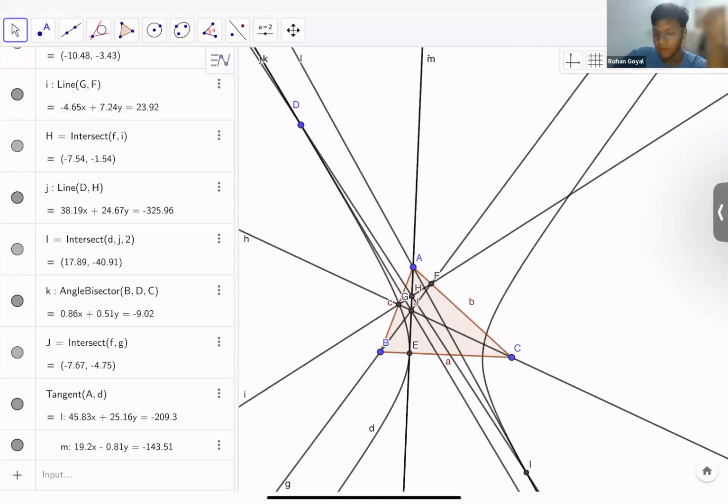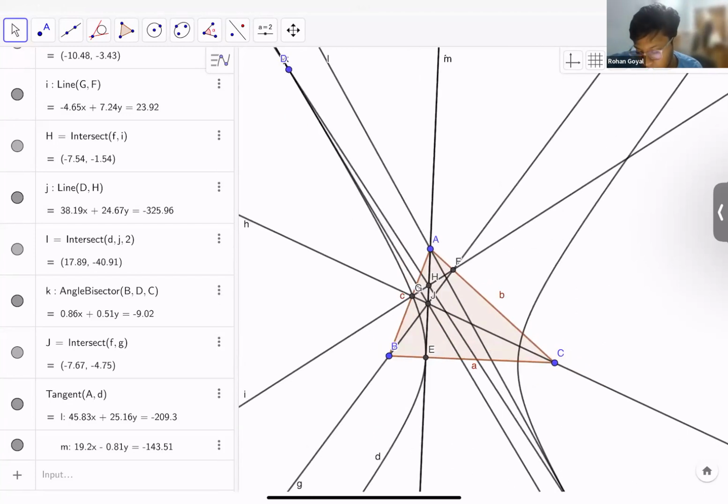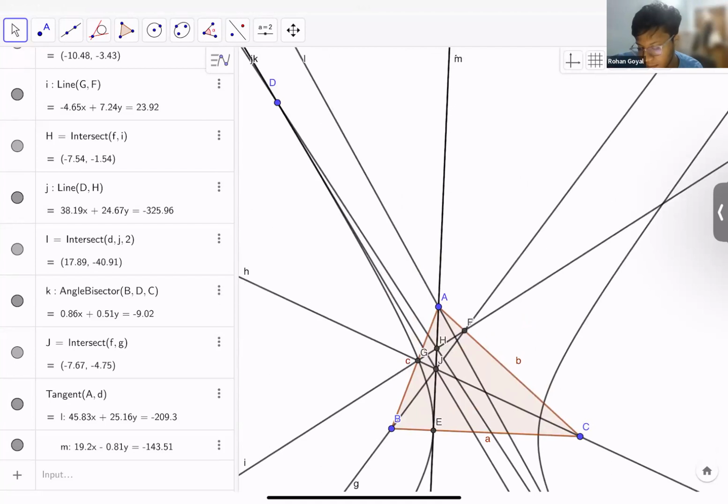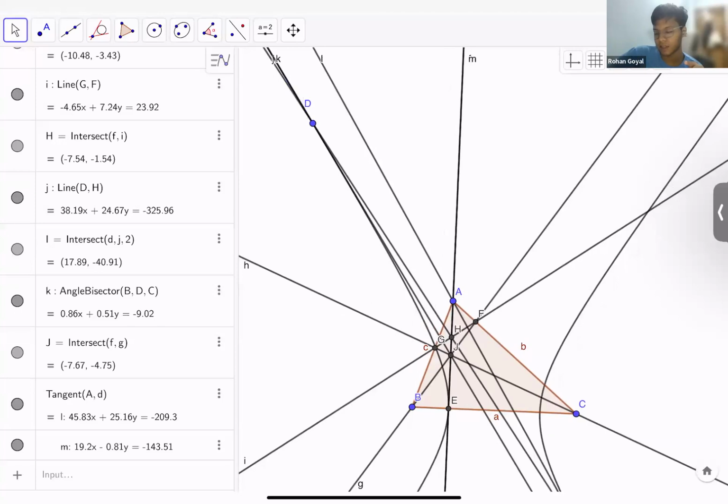Now, the only thing to observe is that the tangents from D and E to the hyperbola meet at J. If you take any line through J and let it intersect the hyperbola, that will give you cross ratio 1, -1.